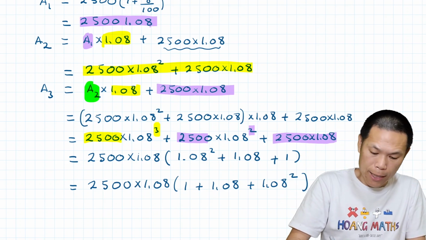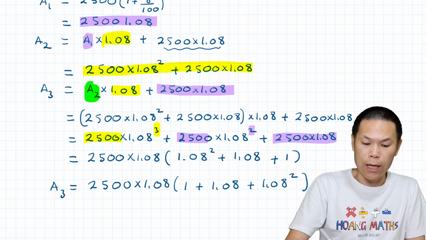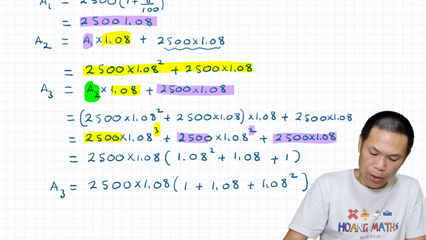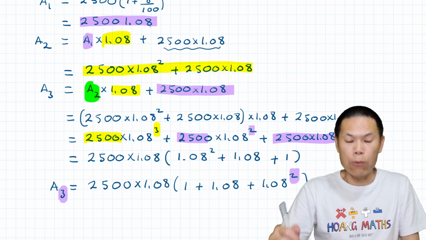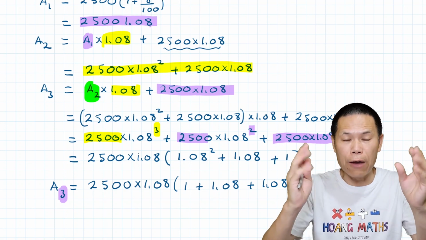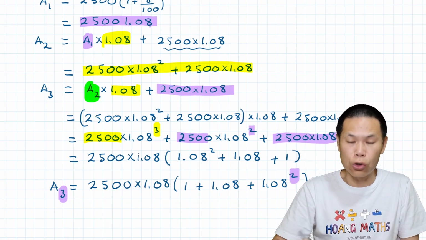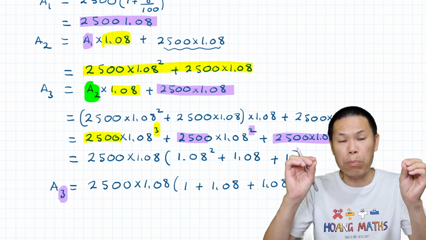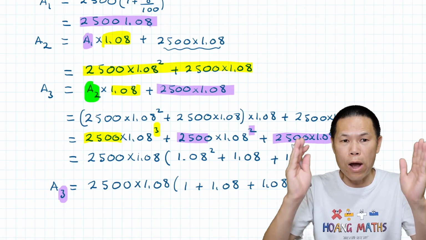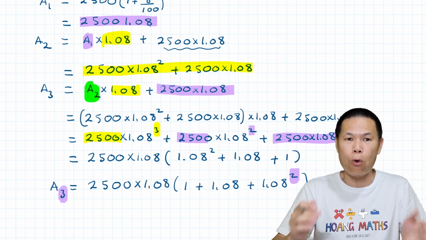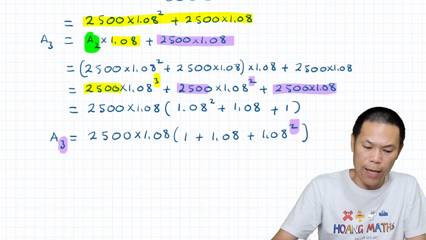So that is at the end of third year. And we can see the pattern here. If A3, this is power of 2, and we need to work out A5, at the end of fifth year, it should be always 1 plus 1.08 and 1.08 squared and so on, all the way to 1.08 power 4. So keep that in mind, always 1 less.